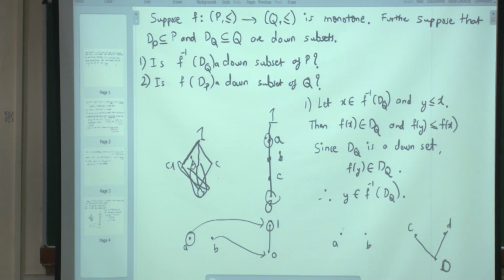A maps to C, B maps to D. This is an order embedding, because A and B are not related and C and D are not related either. This is an order embedding, but the image is not a downset. So order embedding, order surjection, nothing is enough. You need a very strong condition, namely order isomorphism.